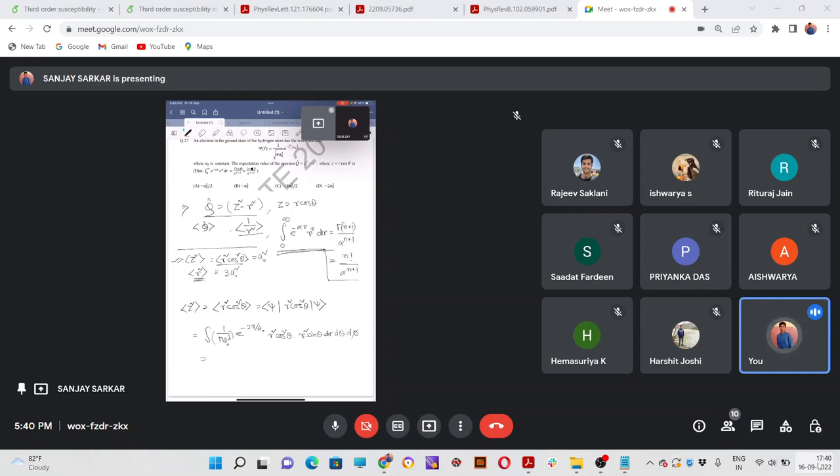So this is constant, so it will come out. We'll write the angular part and the radial part separately.